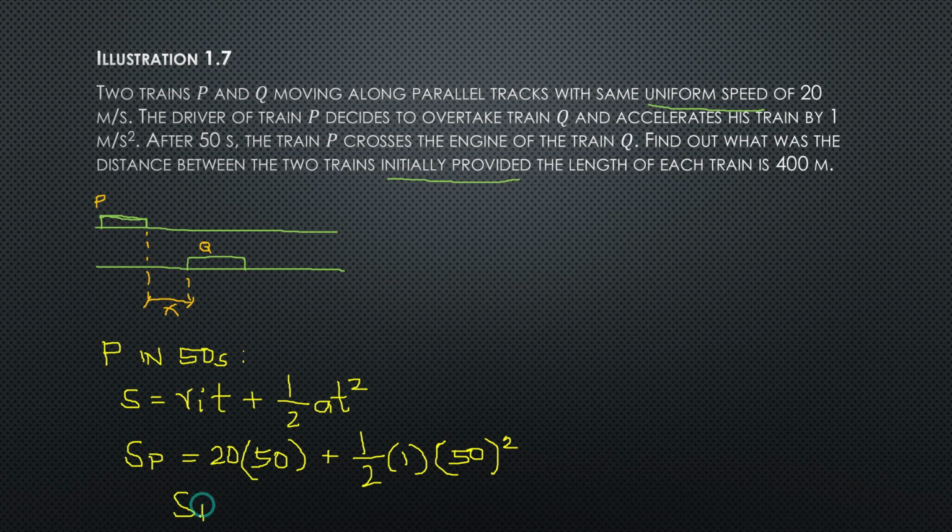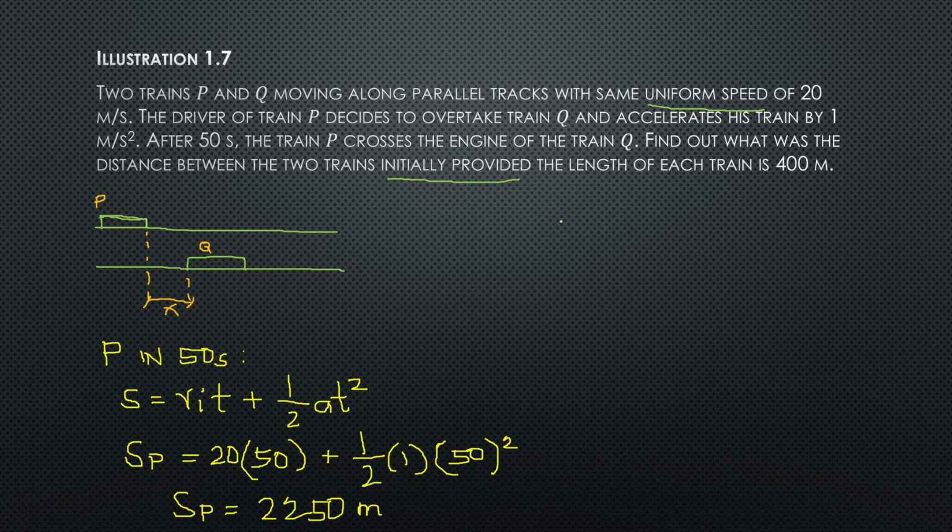So the distance traveled by train P will be equal to 1000 plus 1250, so 2250 meters. That's for train P.